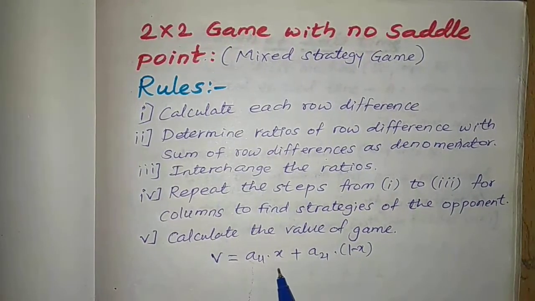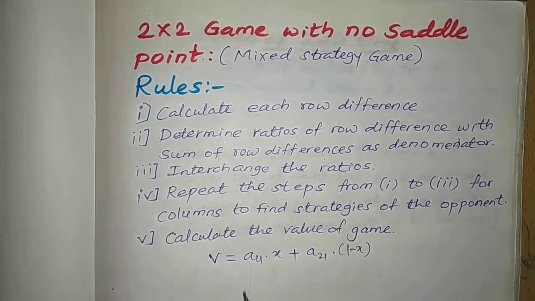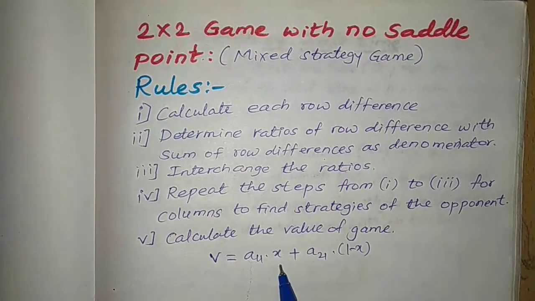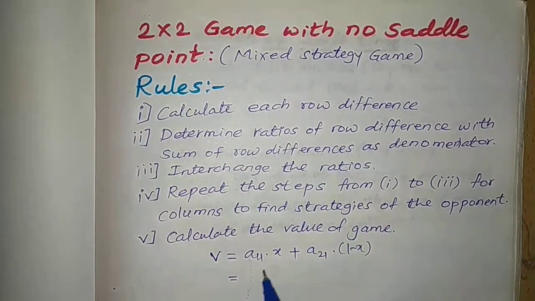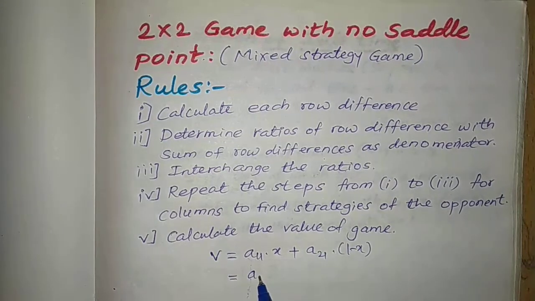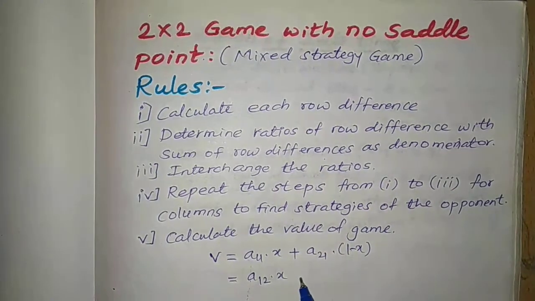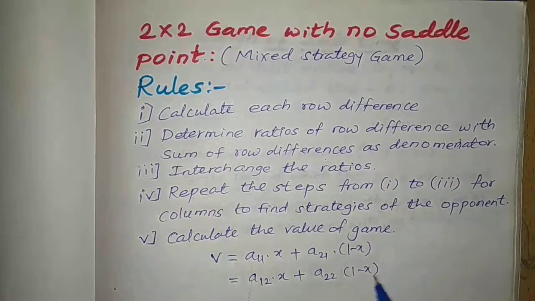Here we assume that the opponent player B uses strategy 1 throughout. So let us repeat these formulas here. If player B uses strategy 2 throughout, then the formula will be a12 x plus a22 into 1 minus x.